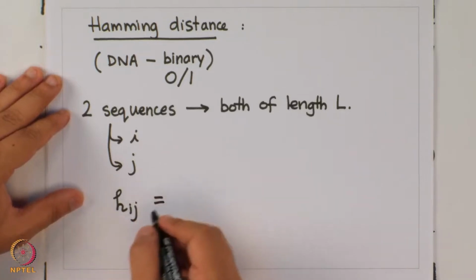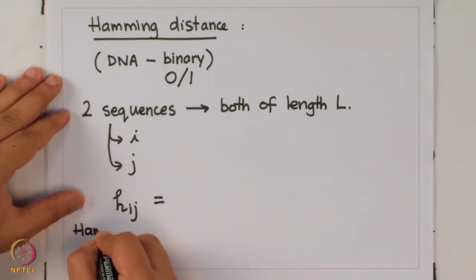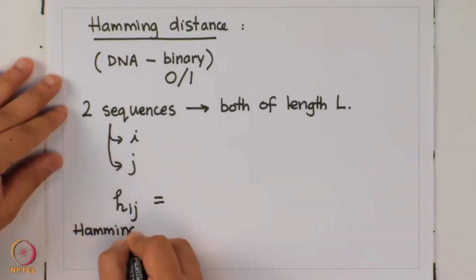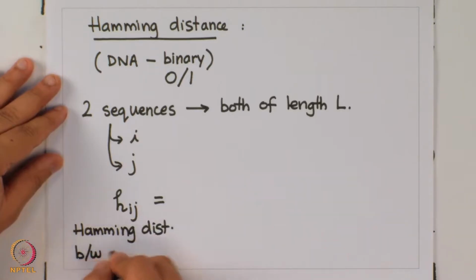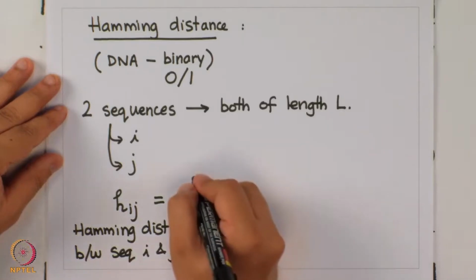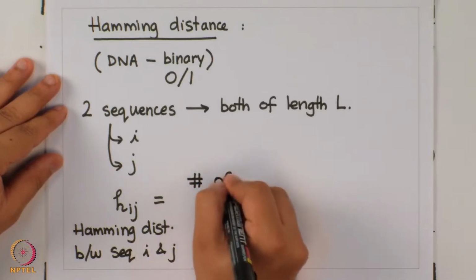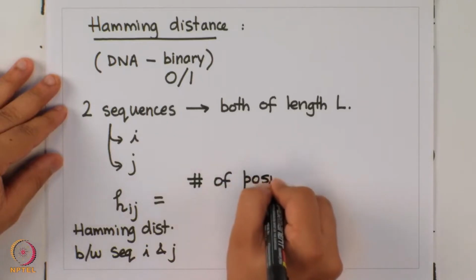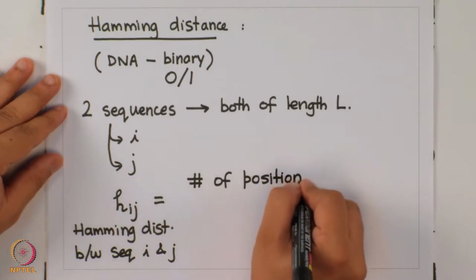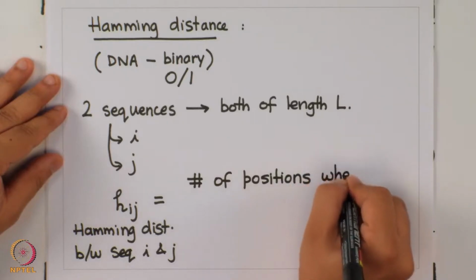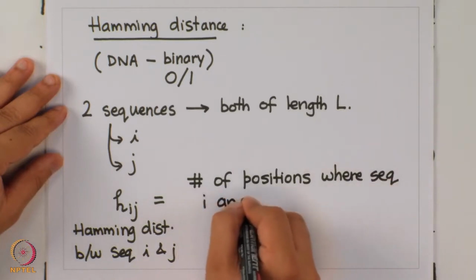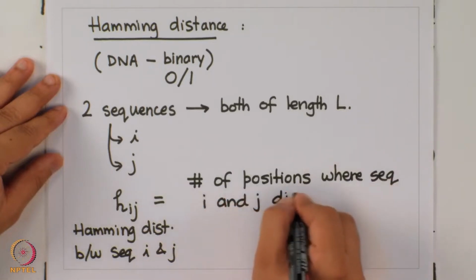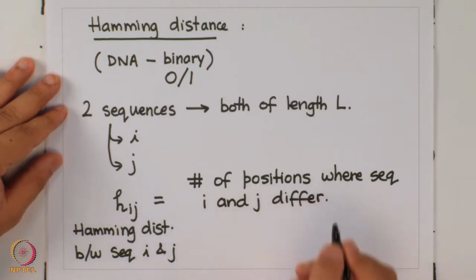So, this is Hamming distance between sequence I and J, equal to the number of positions where sequence I and J differ from each other. Okay.